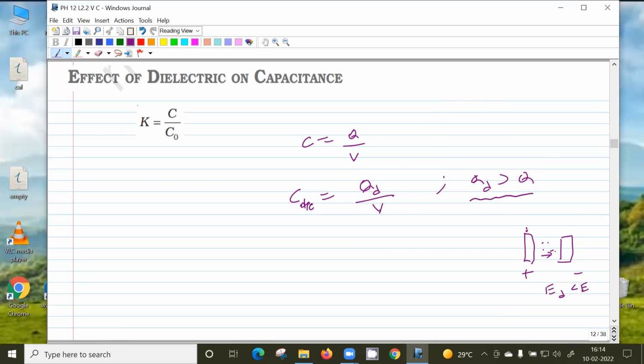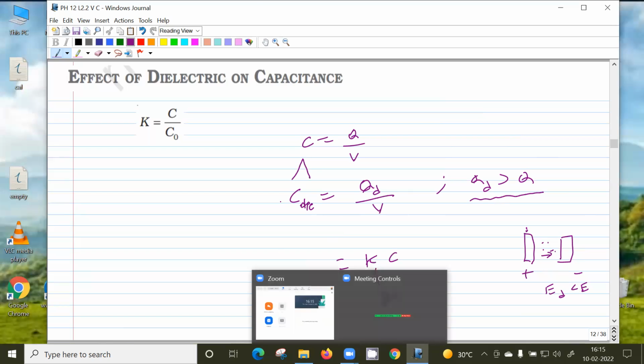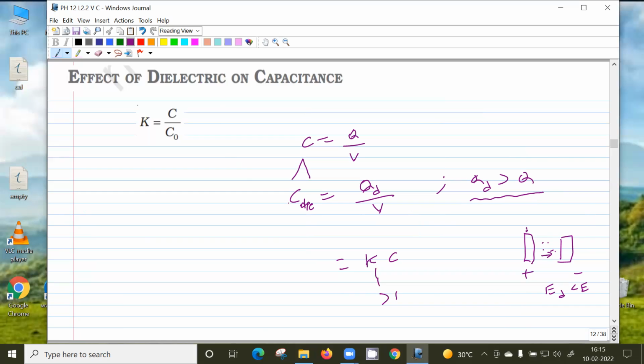So that's why the charge required when the dielectric is present to create the same potential difference V is more than when the dielectric is not present. So that means the capacitance when the dielectric is present is more than the capacitance without the dielectric. And this turns out to be K times the capacitance without the dielectric. And this K is the dielectric constant and it is greater than 1. And if it is greater than 1, then the capacitance will increase. Is that clear?